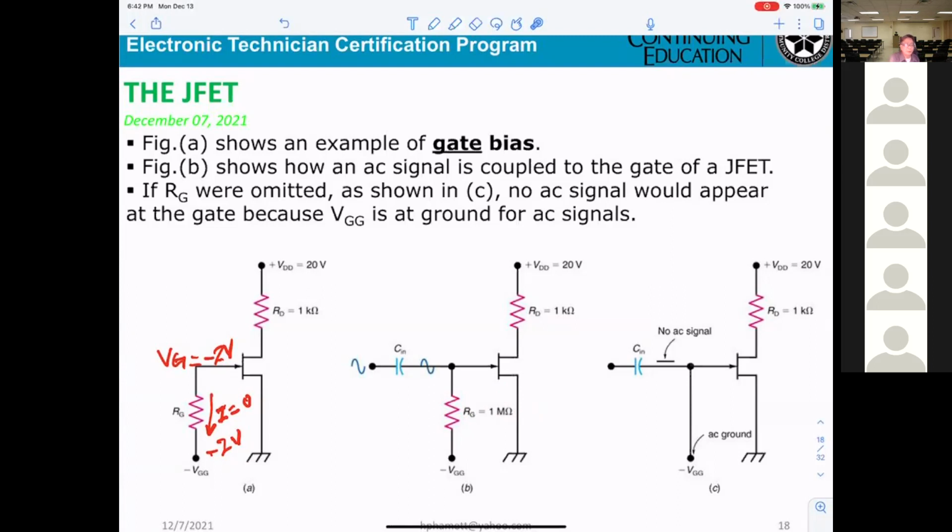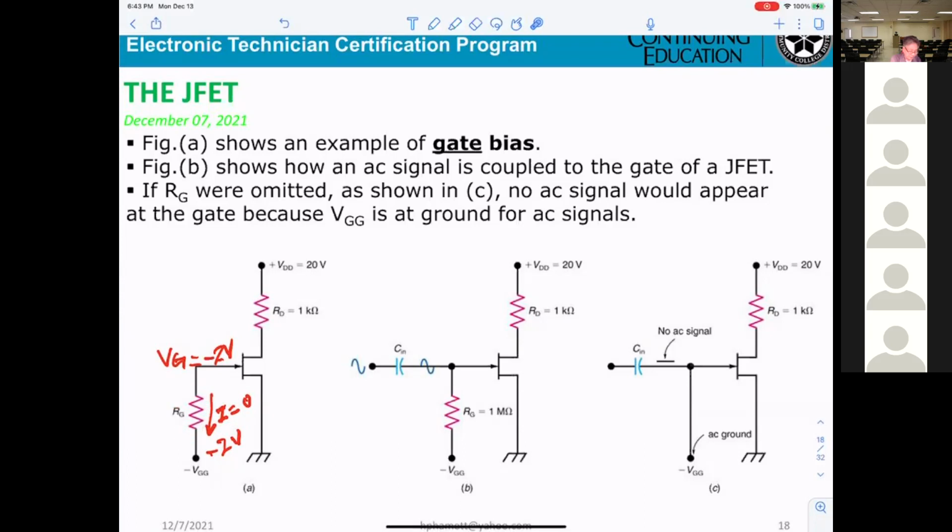And you know why VG equals -2? That's why I want you to really understand. Now, I'm telling you, if IG flowing in here equals 0, that means no voltage drop here.